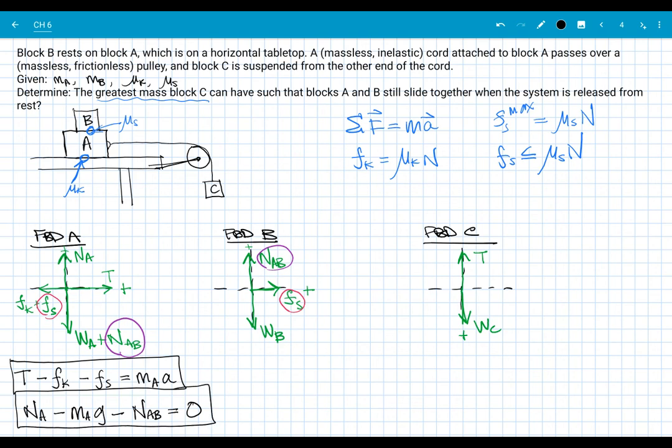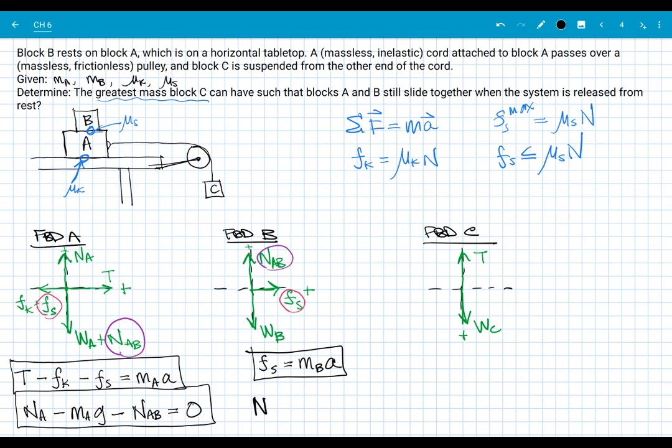Okay, for block B, a little simpler. Force of static friction equals mass of B times its acceleration. Again, these guys are moving together, so I can use the same acceleration. Pretty nice there. Then I can look at my y as well.